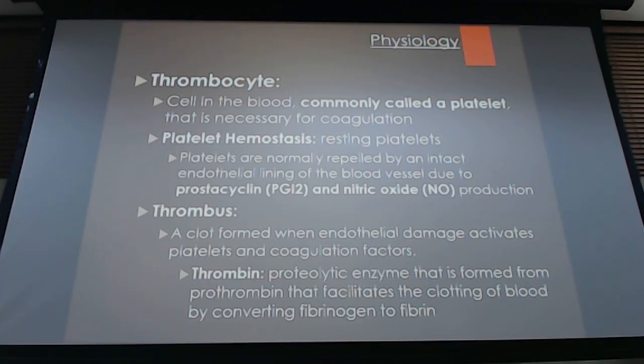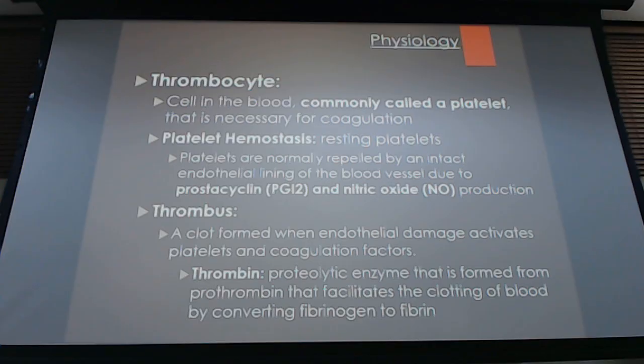And then when we look at thrombin, because we're going to have meds that are going to target these things, this is formed from our prothrombin that is going to help facilitate how we're going to do clotting and different things like that. And then it's also going to make more fibrin, which could also be an issue. So these are going to be things that our drugs are going to target to make sure that we are not forming clots that are too big, okay?